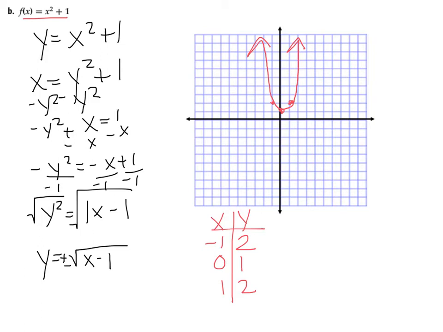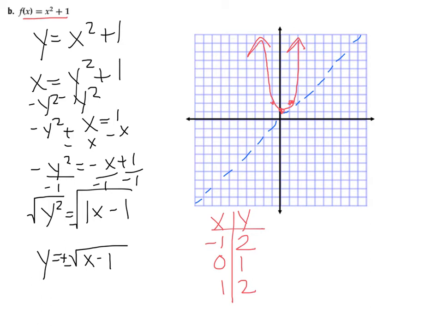And again, we're going to be reflecting this graph over y equals x, which I'm going to draw for you in blue. Remember, I can use those points that I came up with originally and work those backwards.